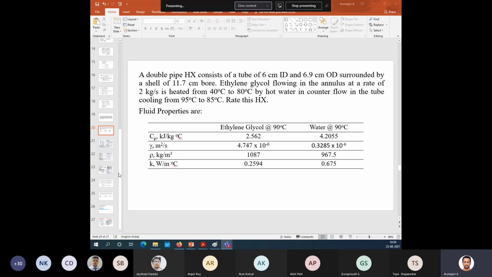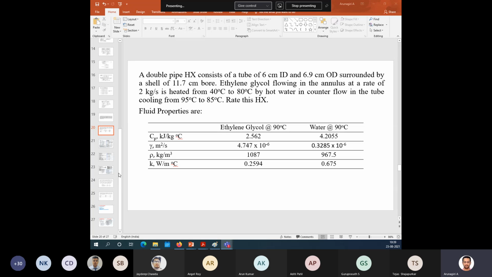For the known heat duty, mass flow rate and temperature conditions, we will select a type of heat exchanger, collect the properties, and then assume the heat transfer coefficient.